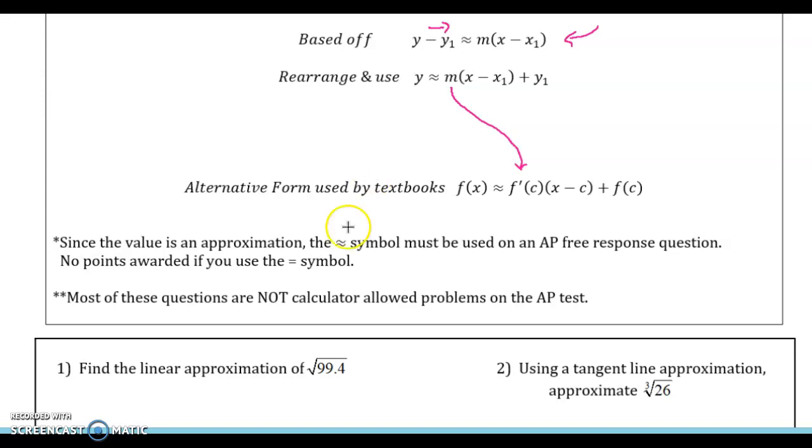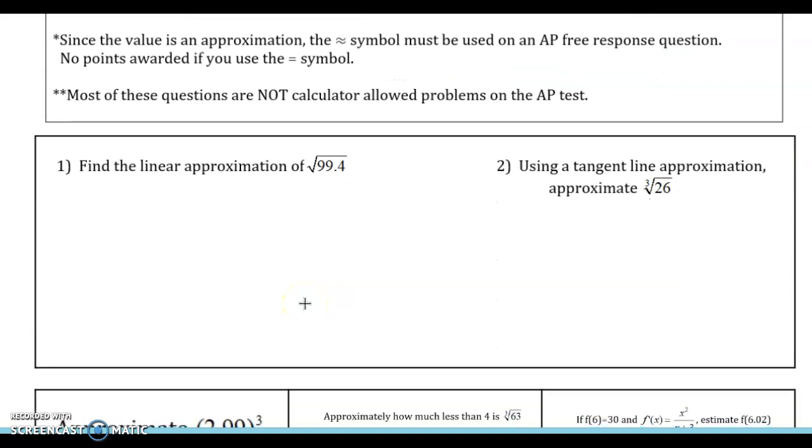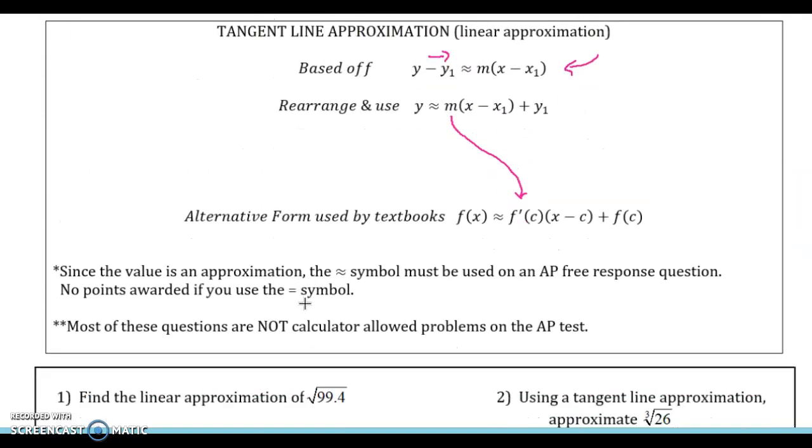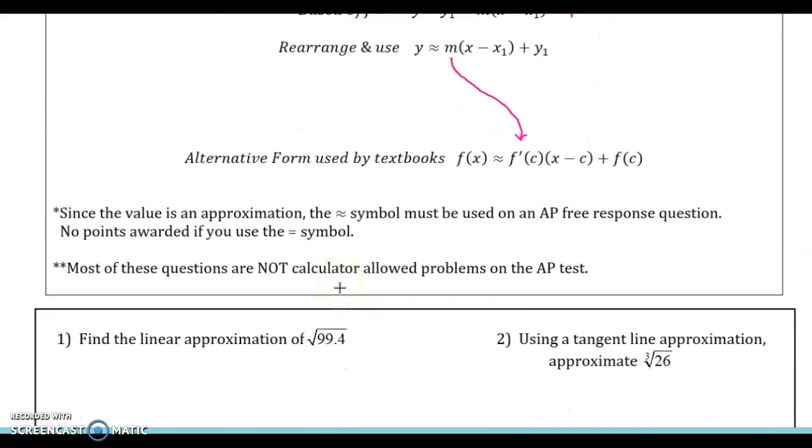All right, so let's look at the first question. Find the linear approximation of the square root of 99.4. So what I do is I think, well, you know what? That's really close to the square root of 100. Okay, and so I could say f of x is equal to the square root of some number, where we're using our c value.